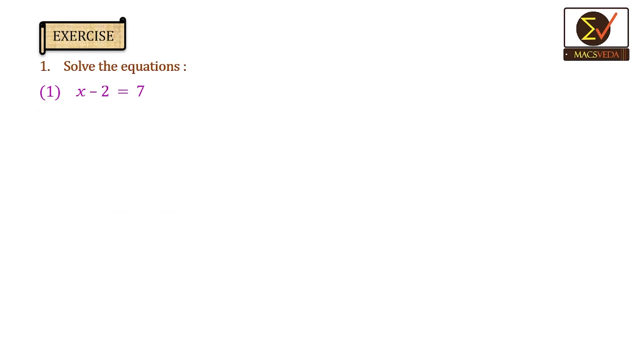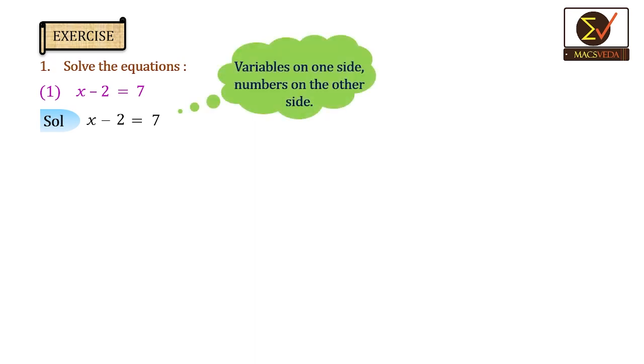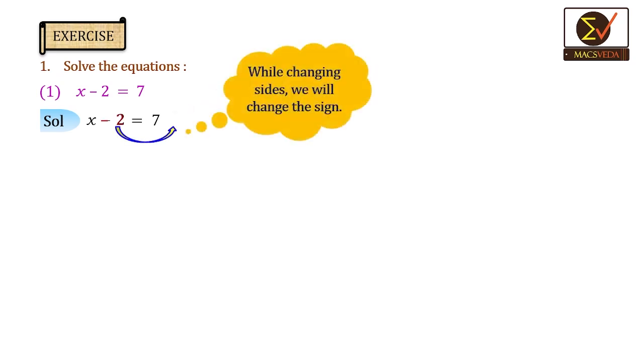The same example can also be solved in a very simple fashion. x minus 2 is equal to 7. We can use the transposing method. So what is the transposing method? Variables on one side, numbers on the other side. We have to shift minus 2, which is on the left hand side, to the right hand side. When you shift, it becomes plus, as it will change the sign when changing sides.